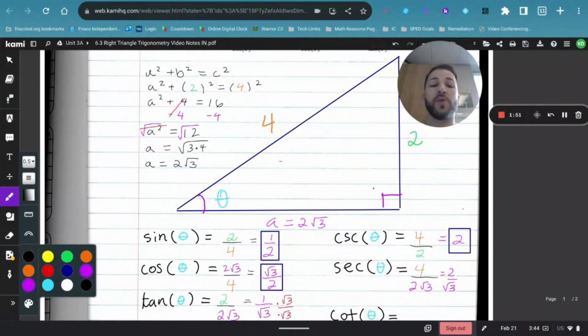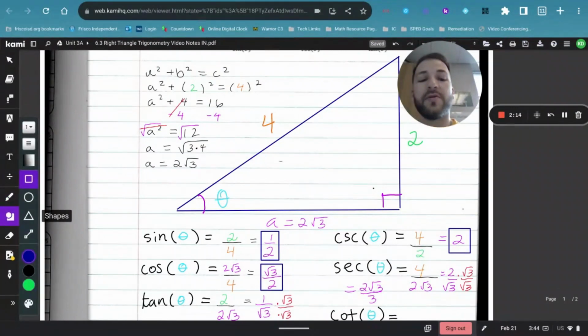Of course, I still have that root 3 in the bottom, so now I need to rationalize. So times root 3 and root 3. And that's going to give me a new simplified 2 times root 3 is 2 root 3. And root 3 times root 3 is 3. So 2 root 3 over 3 is my new simplified secant ratio.